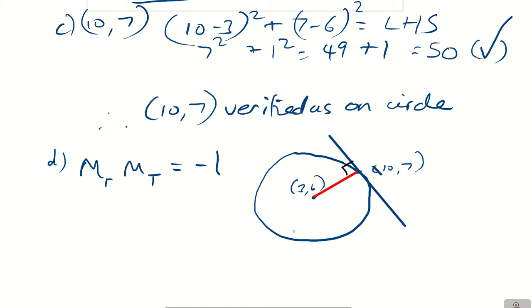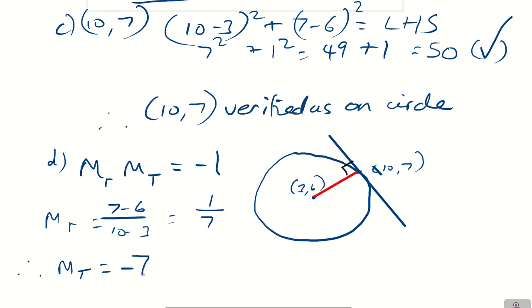Okay, so the gradient of the radius is going to be change in y, 7 minus 6, divided by the change in x, which is 10 minus 3, which is 1 over 7. Therefore, that tells us that the gradient of the tangent is going to be minus 1 divided by that, or in other words, minus 7. But we know it goes through the point 10, 7.